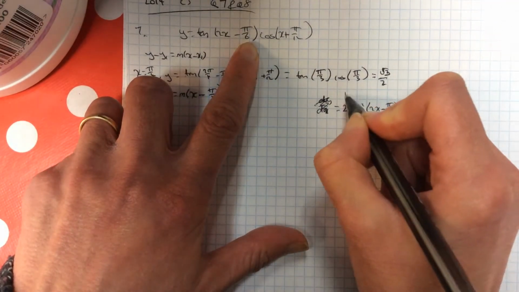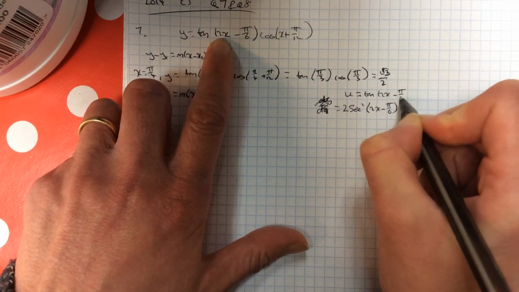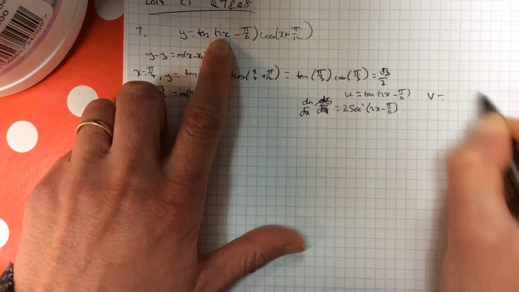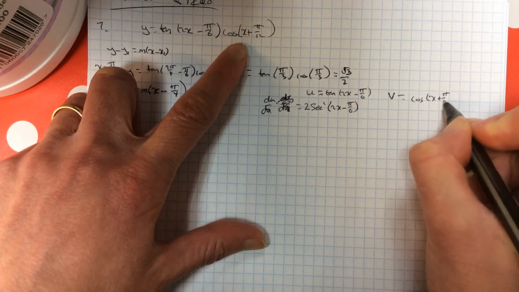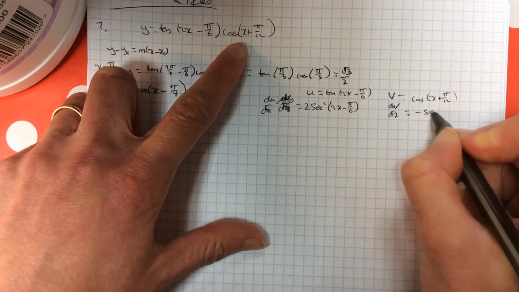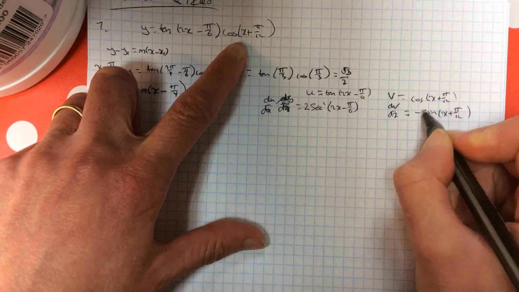So u equals the first term, and this is du by dx. v equals the second term. So dv by dx, cos goes to minus sine. Derivative of that's just a 1.